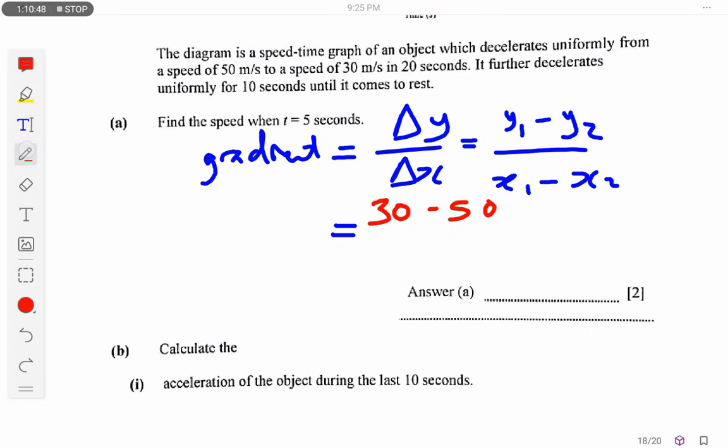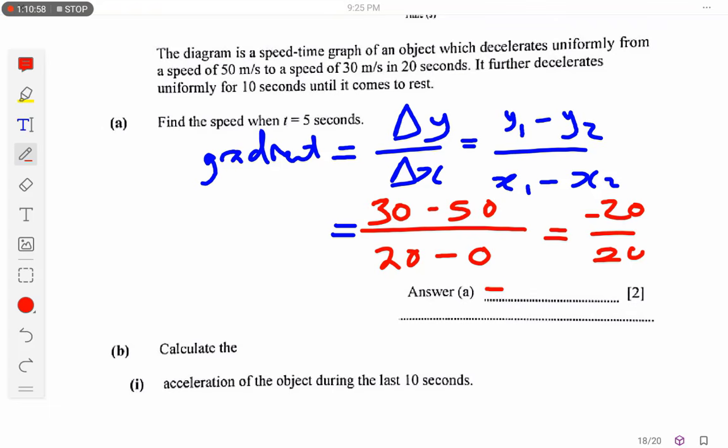So I'll get 20 minus 0 in the denominator. This gives me minus 20 over 20, so the gradient is minus 1 meter per second squared.